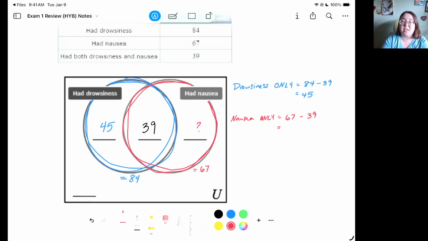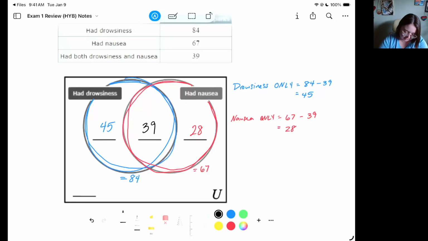So we're going to subtract that 39 from the reported 67. So, right, brains, calculators, whatever, we subtract 39 from 67, and we should get 28. So 28 of them had nausea only. So we've been able to fill out our 3 sets now.